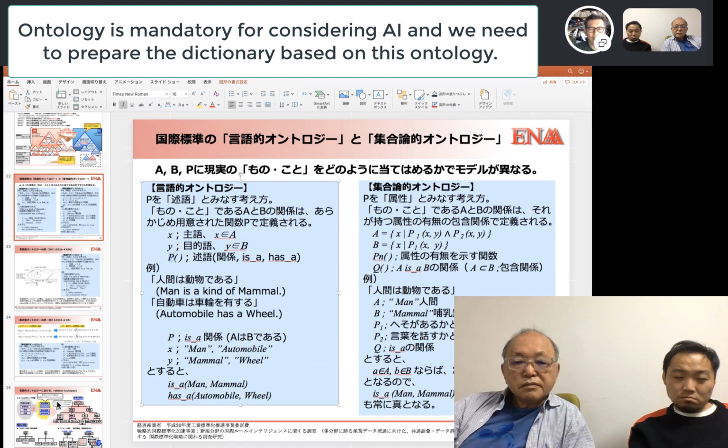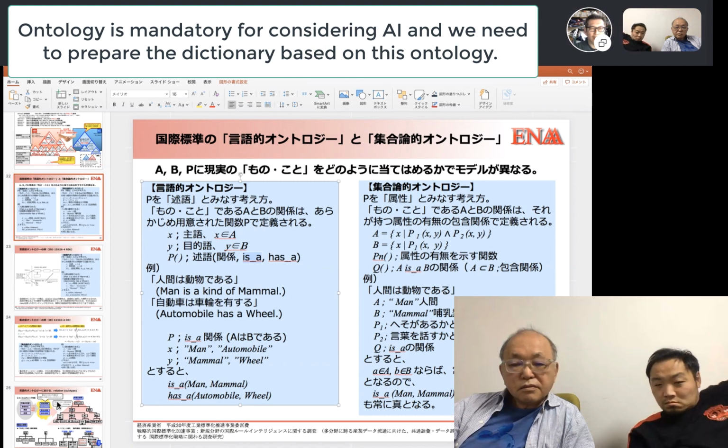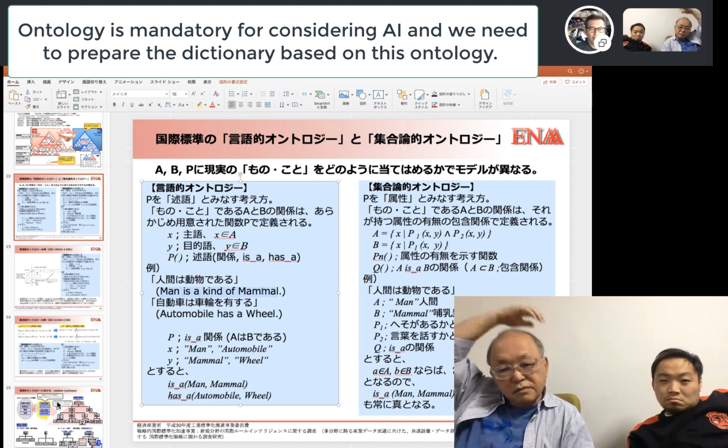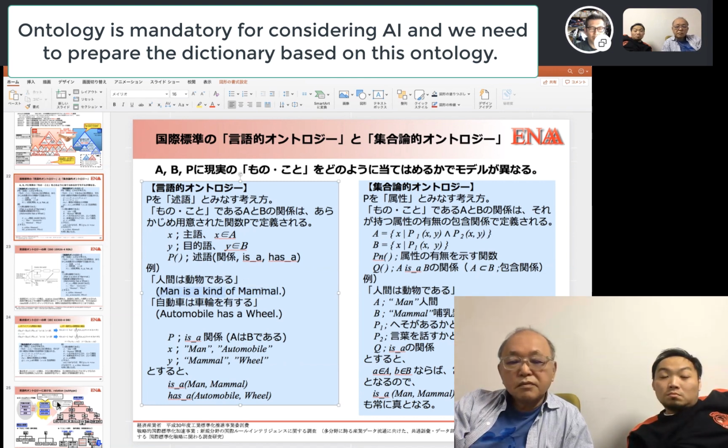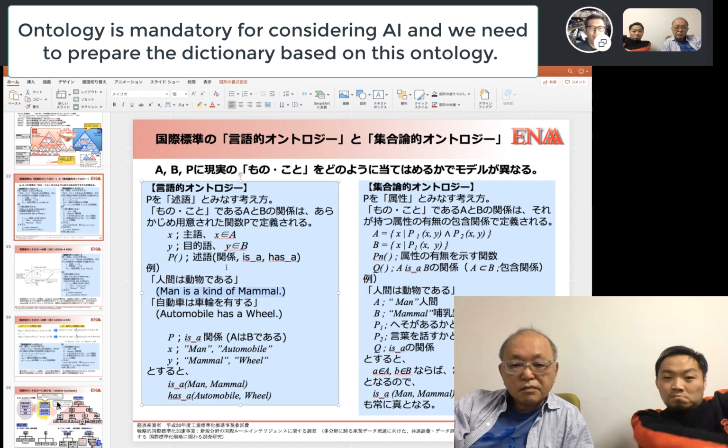A typical situation is if we say "is a", this relationship can be used in such a way. Man is a kind of mammal, and a dog is a kind of mammal.